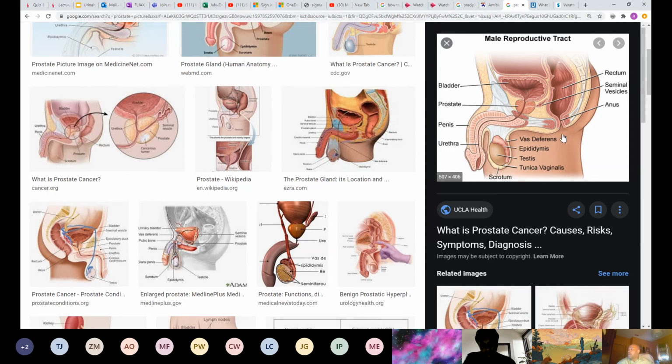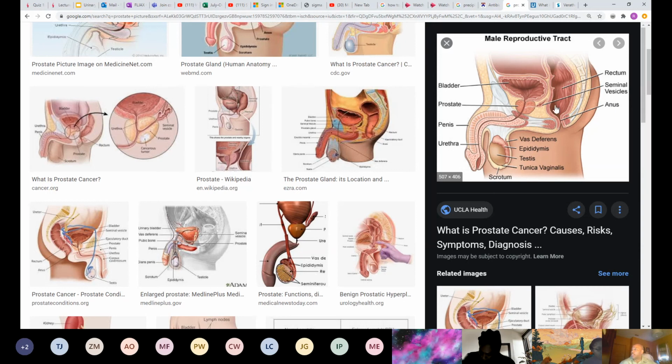So when your healthcare provider inserts a finger into the rectum, they're actually feeling the posterior aspect of the prostate. From an anatomical standpoint, you cannot palpate the anterior portion because, as you can see, the rectum runs along the back portion of the posterior prostate, not the front portion.